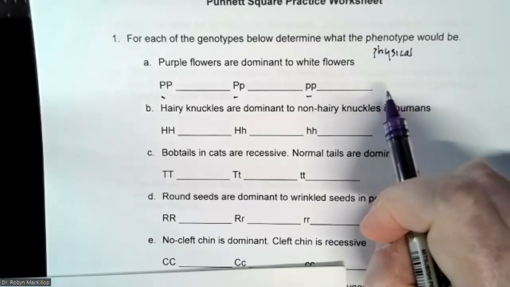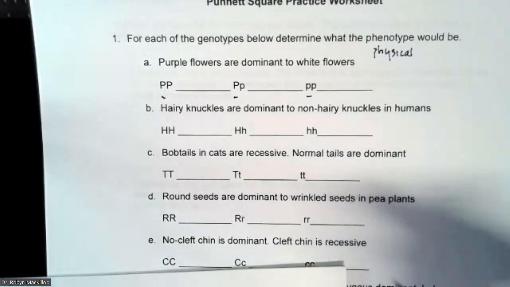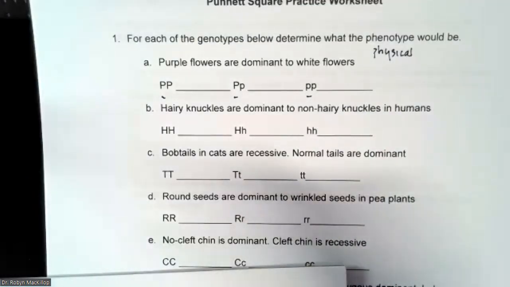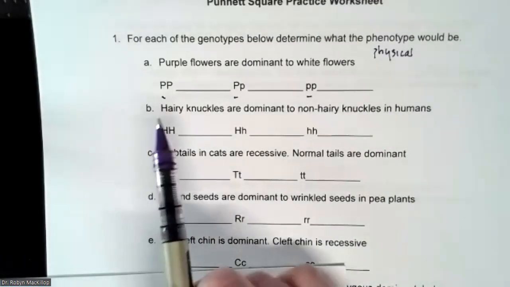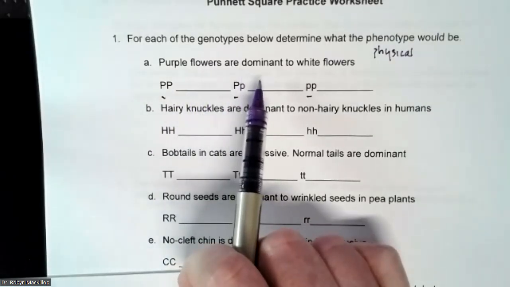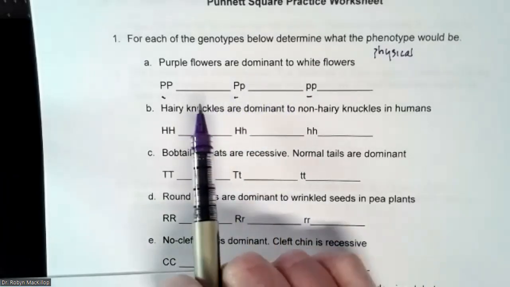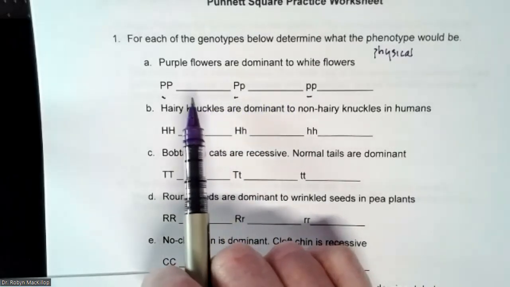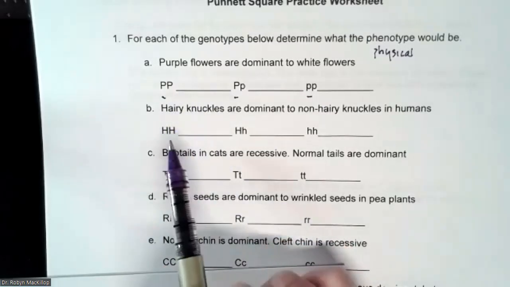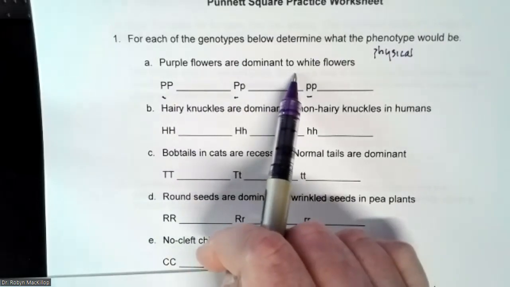If somebody has blue eyes, that is their phenotype. It's what you can see. It's the physical. So if purple flowers are dominant to white flowers, which one of these is going to be, well, let's start with this one. If we have double dominant, are the flowers going to be purple or white?